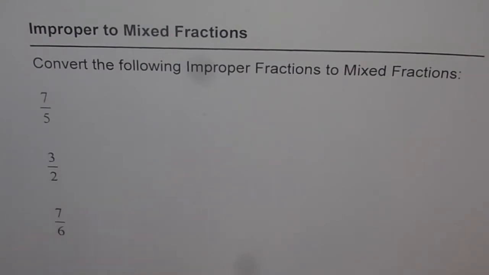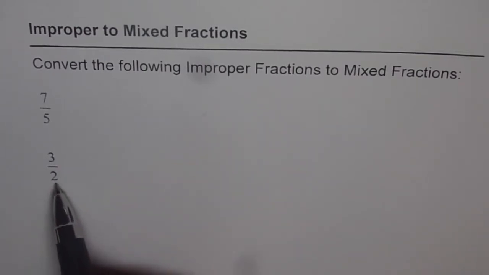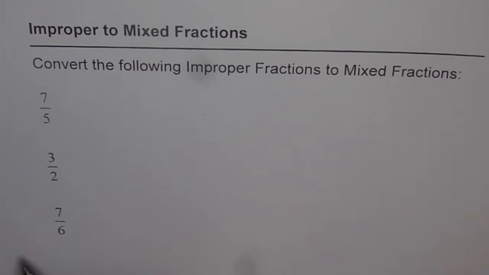So we have got three of them, and 7 over 5. 7 is greater than 5, which is a numerator greater than denominator. Therefore, it is an improper fraction. 3 over 2. 3 is greater than 2. So this fraction is actually greater than 1. Therefore, we call it an improper fraction.